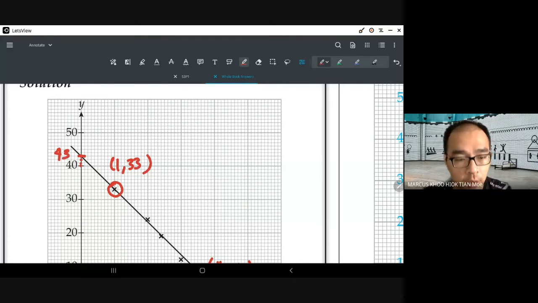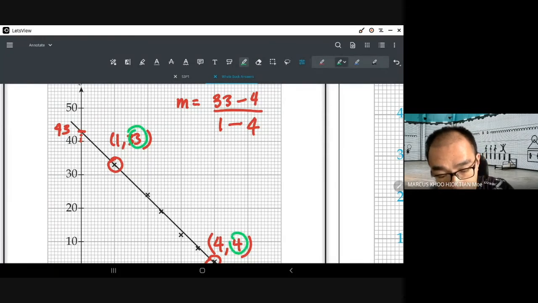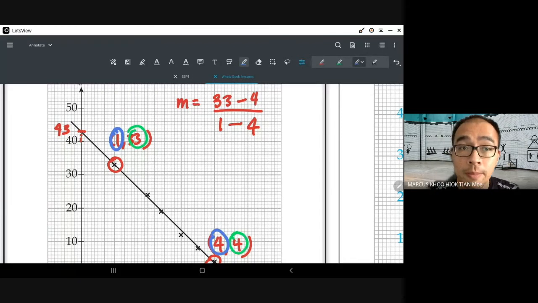Okay, now we calculate the gradient. So gradient equals to 33 minus 4 over 1 minus 4. Okay, remember the second one must be the second one, the first one must be the first one. You cannot just simply change as you like.